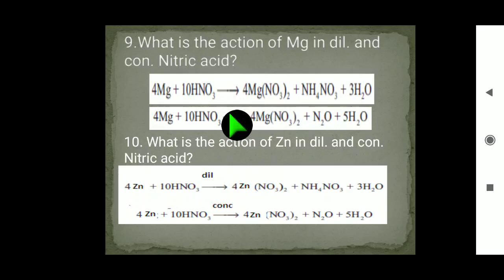Okay. The same type of another question we can ask. What is the action of zinc in dilute and concentrated nitric acid? The same ratio we have to take. Why? Because magnesium and zinc both are metals, both have the same oxidation state.